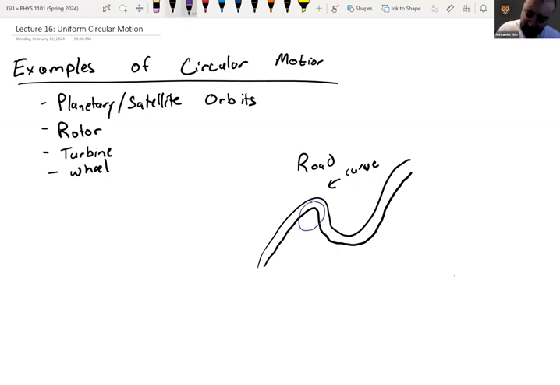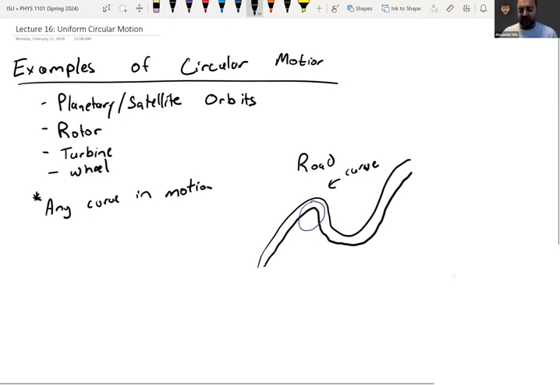I think this last one is really the most important. This is really any curved motion. Now, some curved motion we find easier to analyze in other ways, like projectiles. Those follow a parabolic curve, and it's easier to analyze those as parabolas rather than as sequentially different parts of a circle.